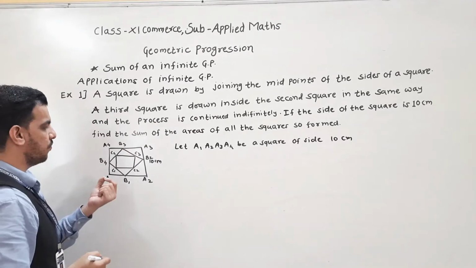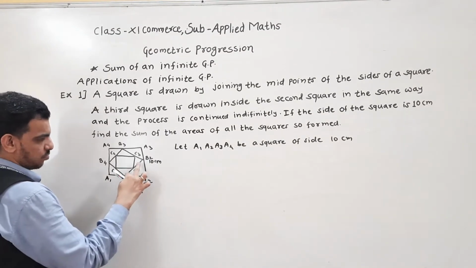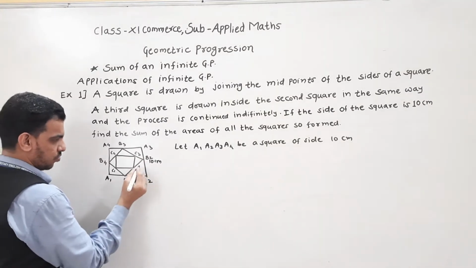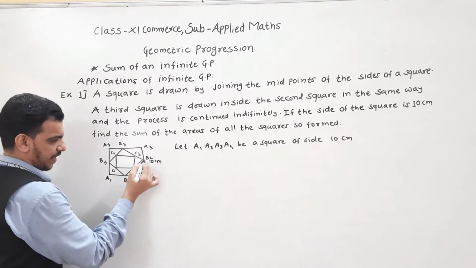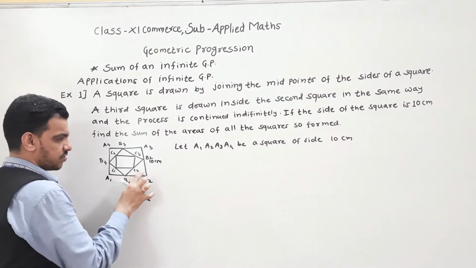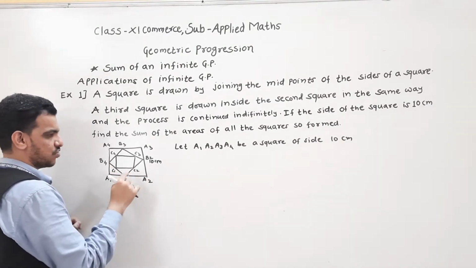Now how do we find the side of the second square? Suppose this is B1, B2. How do we find B1, B2? This B1, A2 and B2 form a right angle triangle. So by using Pythagoras theorem we can find the side of this second square.